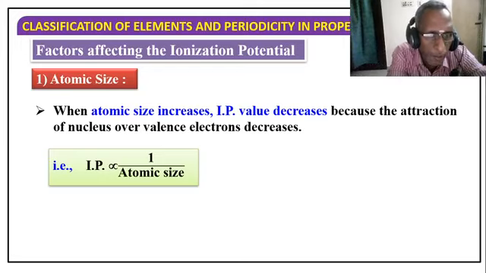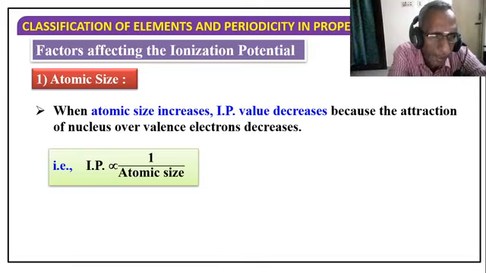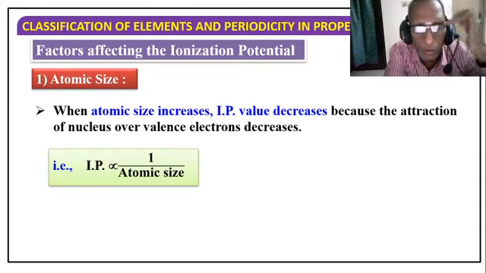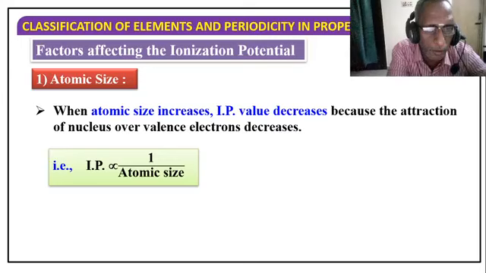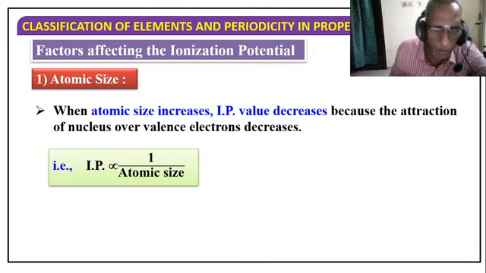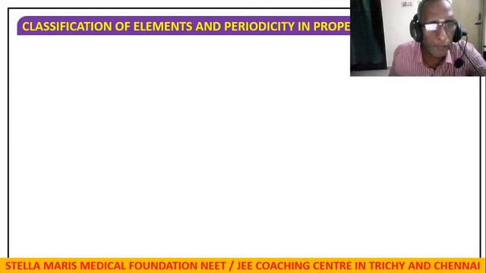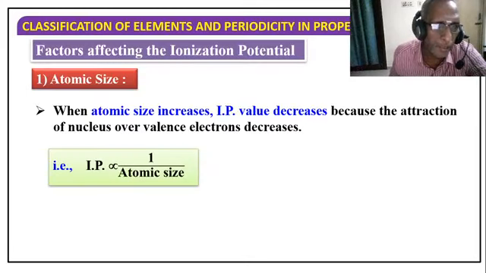So ionization potential is inversely related to atomic size. Lower the atomic size, higher the ionization potential, because it is very difficult to remove the electron closely bound with the nucleus. First point is atomic size.